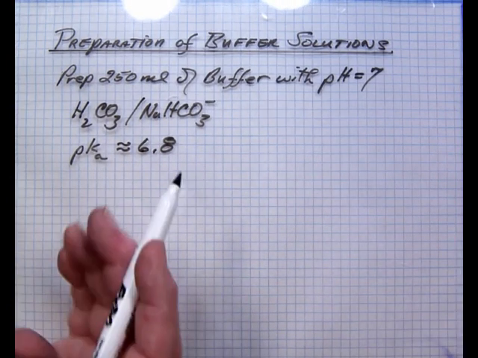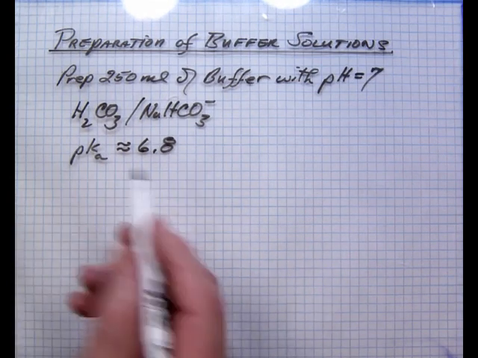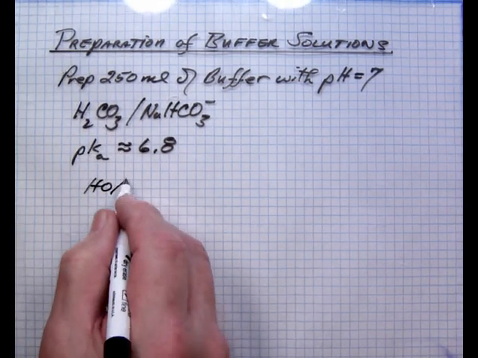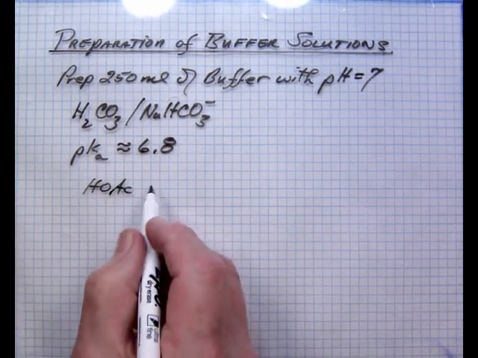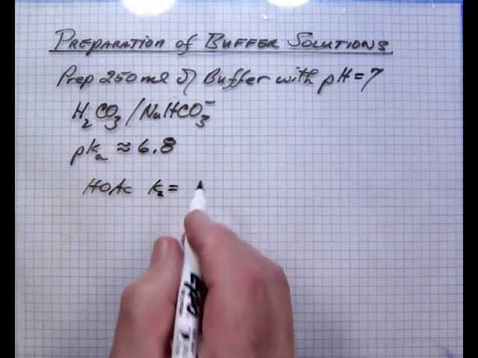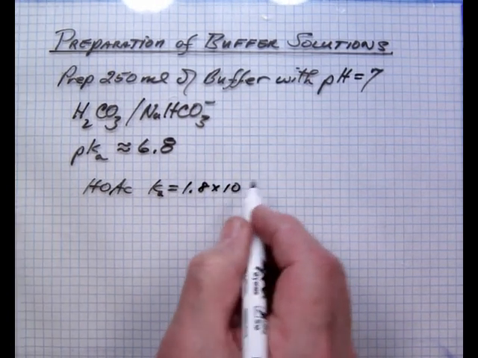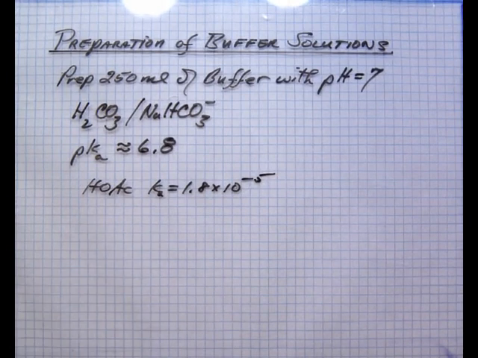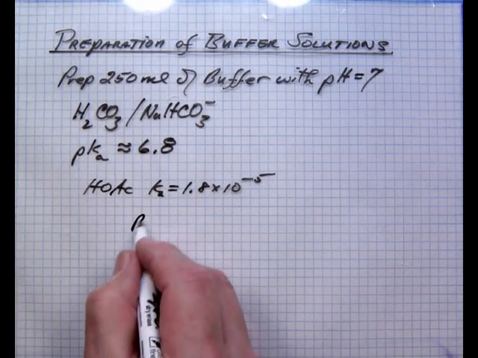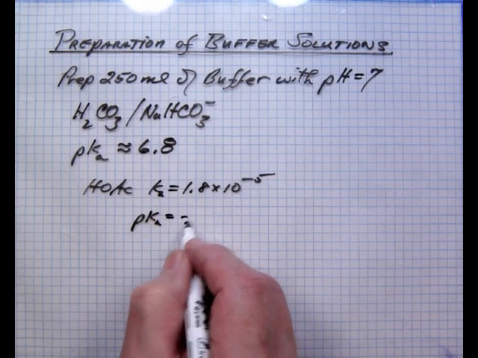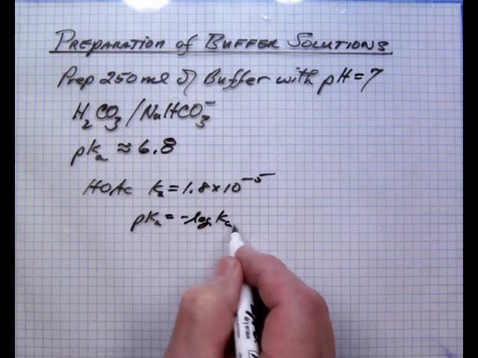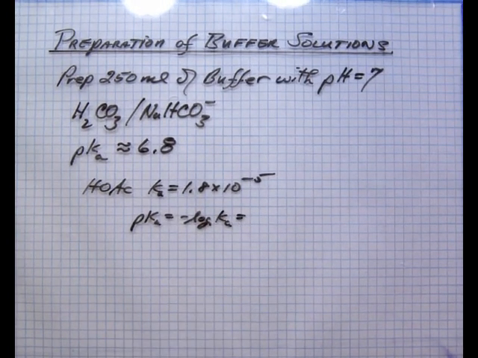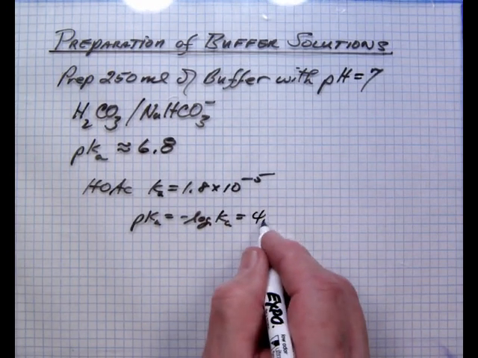And if you pick, say, acetic acid, its Ka is 1.8 times 10 to the minus 5. Its pKa is minus log of the Ka value, and that's 4.74.